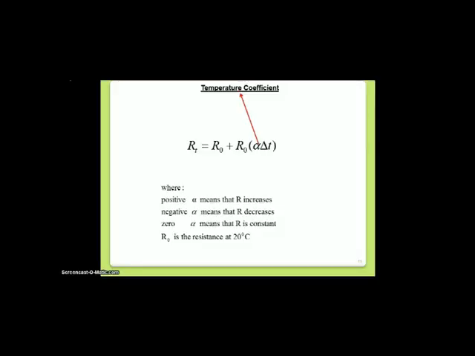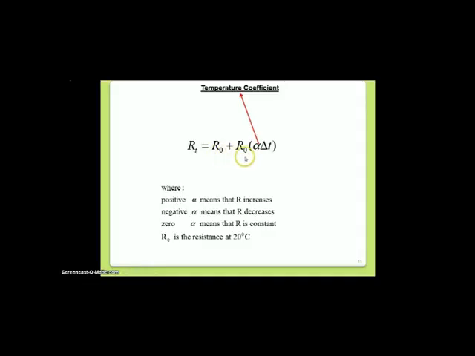Now materials have positive alpha or negative alpha. Depending on that, the new resistance value may either increase or decrease. If some materials have zero temperature coefficient, that means the resistance remains the same irrespective of the change in temperature.